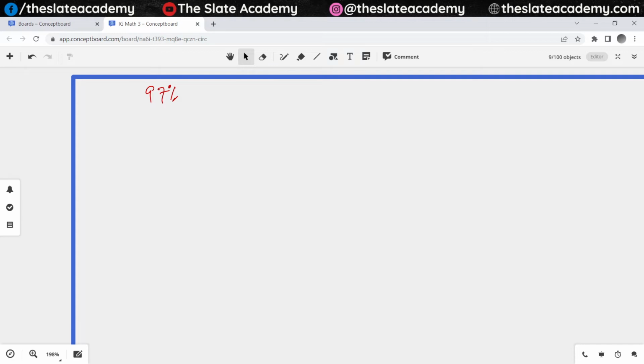And if I have any decimal or any fraction, for example 0.4, it would mean some percentage. 0.4 can be expressed as a fraction, 4 out of 10, and 4 out of 10 represents what? If I were to express this in terms of 100, how many out of 100 is equivalent to 4 out of 10? So that's the meaning of percentage.